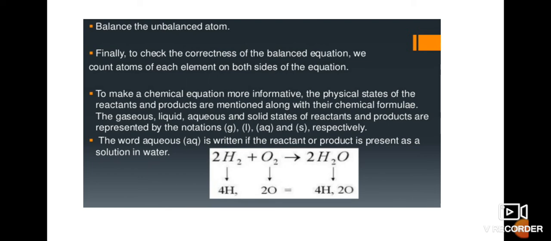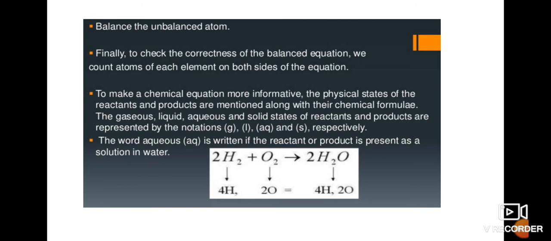Now normally whenever we are writing down a chemical equation, it is made more informative by writing down the physical states of the reactants and products along with the chemical formula. They are usually written in brackets, like gas is mentioned with g, liquid with l, aqueous with aq, solid with s, precipitate with ppt, and so on.